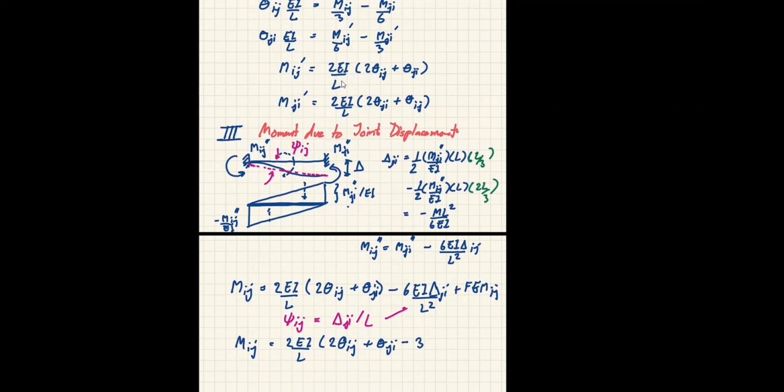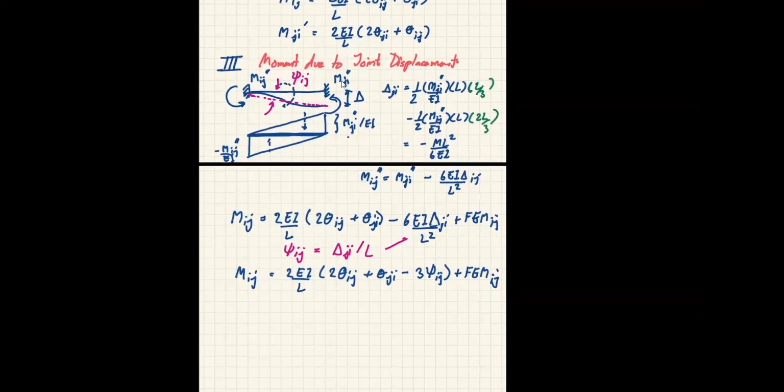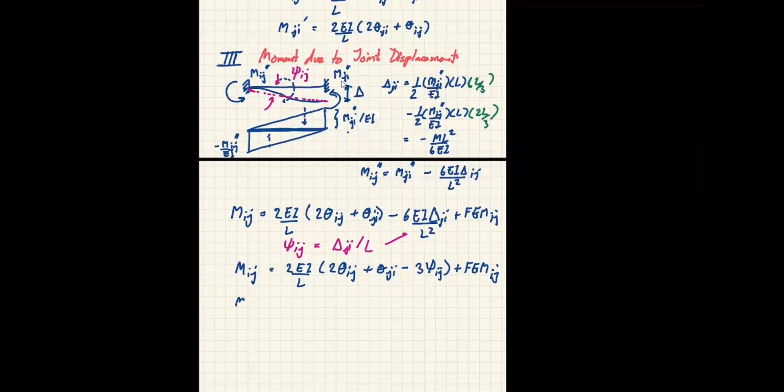So now we have zeta or delta over L inside, so it becomes psi ij, plus FEM ij. And similarly, your Mji is in the same fashion.